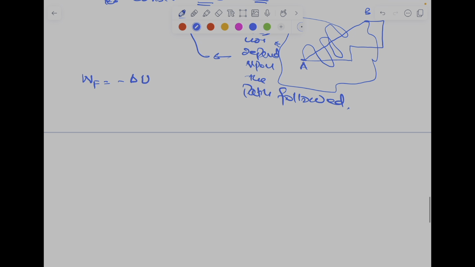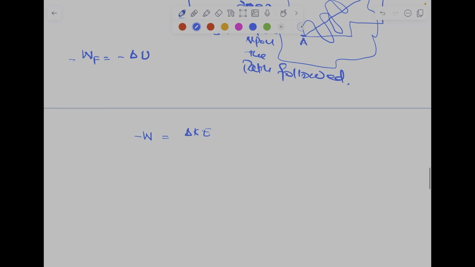In the previous chapter, we know that the work done is stored in terms of its kinetic energy. So this is work done and this is work done. So we can equate this work done, and we have this work energy principle.